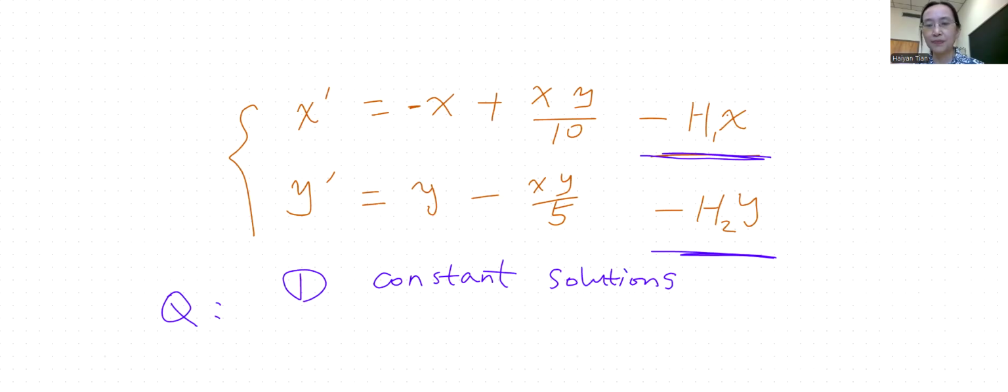So please find them. The second question: how will harvesting affect the predator and prey populations?